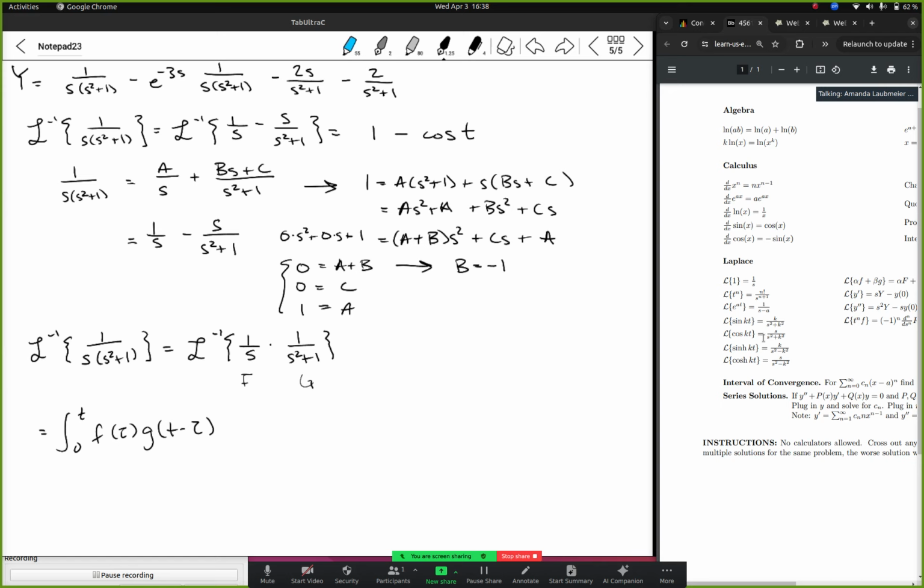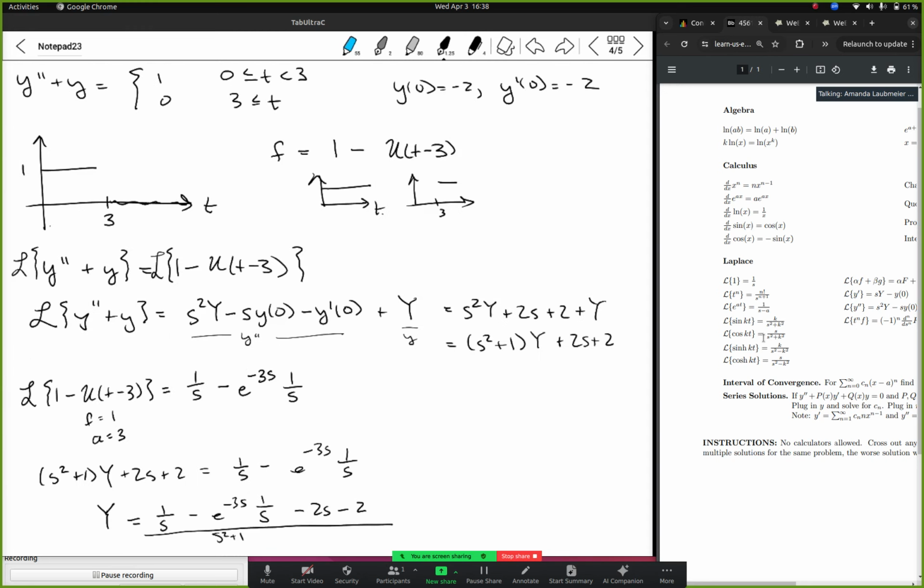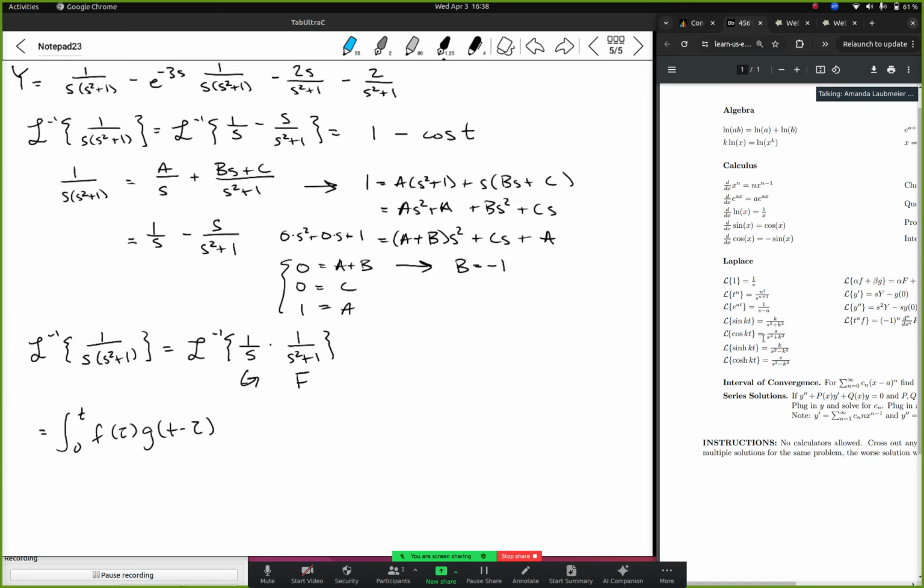And so I'm actually going to swap what I'm calling f and g. I'm going to call g this first one and f this second one. The reason I'm going to do that is because inverse Laplace of this is going to be 1. And just like we saw at some point during this video, if g is 1, then g of tau is 1, and also g of t minus tau is 1.